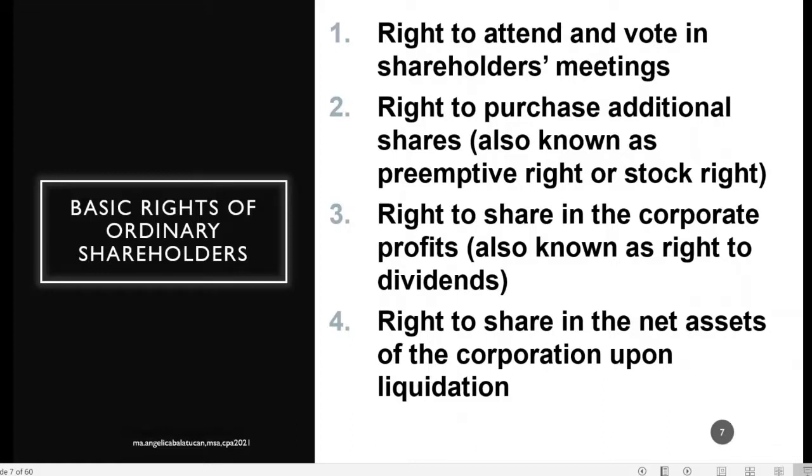And also for the preemptive right, the purpose of this one is to protect the shareholders from involuntary dilution of their ownership interests, because without this right, an ownership interest may be reduced by the issuance of additional shares without the shareholders' knowledge.